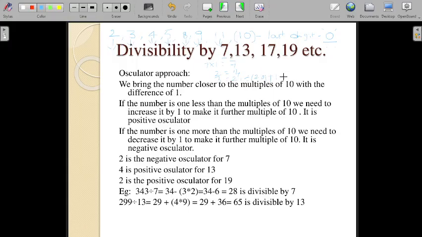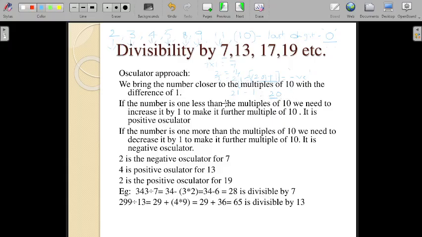And 1 is more, that's why it is known as the negative oscillator, because to match this number to a multiple of 10, we need to subtract 1 from the given number. That means 21 minus 1 equals 20, then only we get the multiple of 10.